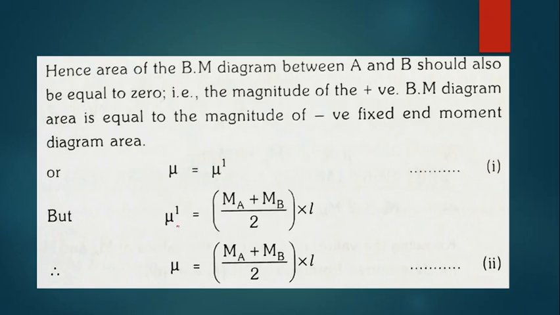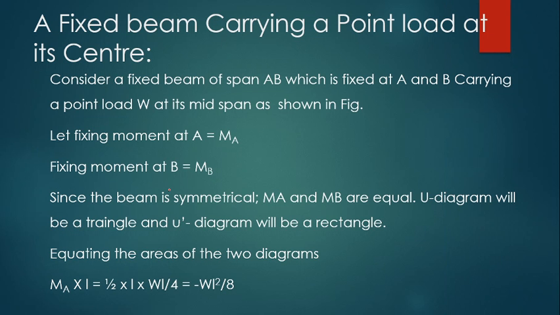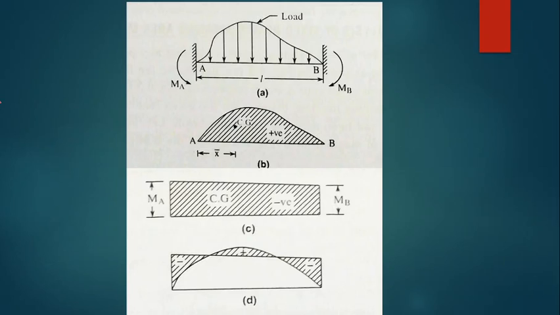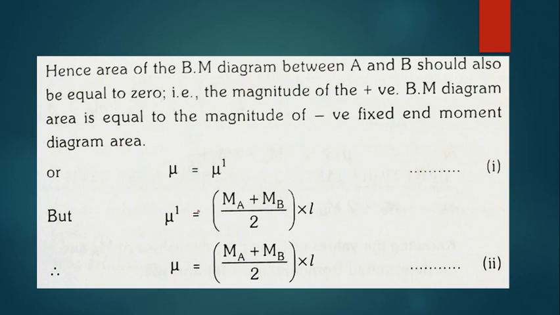Let us write equations for mu dash. This mu dash is related to fixed moments. I'll go back. The fixed moment diagram is nothing but a trapezoid. So for a trapezoid, we know the formula: MA plus MB divided by 2 into L. So half into A plus B, the average of these two into the length, will give you the area, and this is equal to mu.